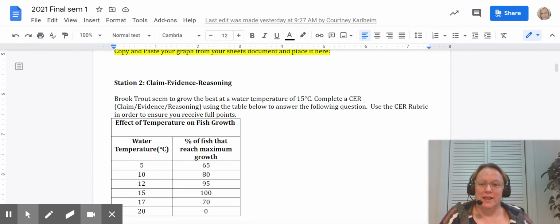Station 2, Claim Evidence Reasoning. Brook trout seem to grow the best at a water temperature of 15 degrees Celsius. Complete a CER, Claim Evidence Reasoning, using the table below to answer the following question. Use the CER rubric in order to ensure you receive full points.